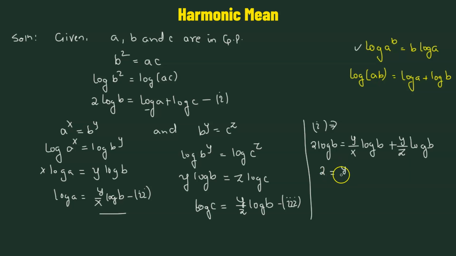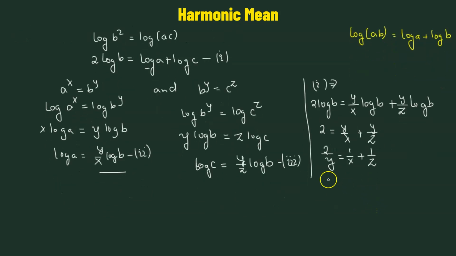So we have 2 equals y over x plus y over z. If we divide each of the terms by y, we have 2 over y equals 1 over x plus 1 over z. So here we're getting a relationship that 2 over y equals 1 over x plus 1 over z.